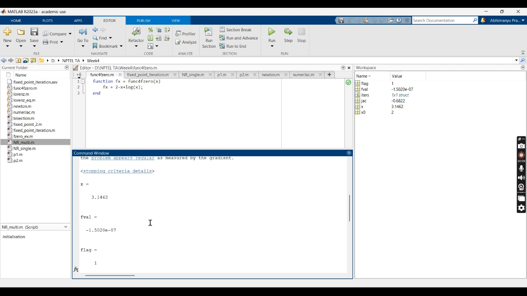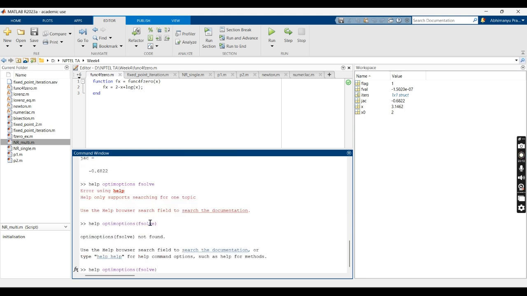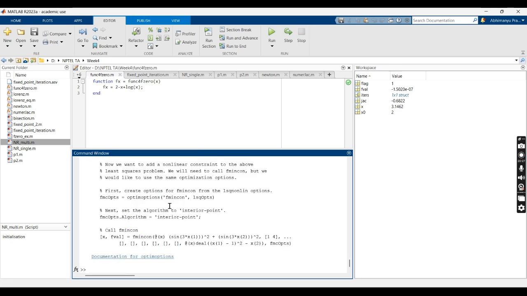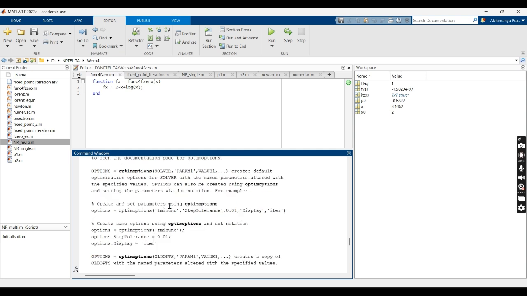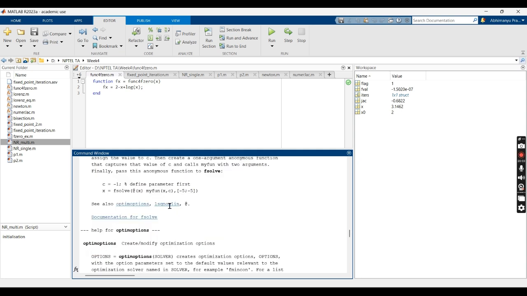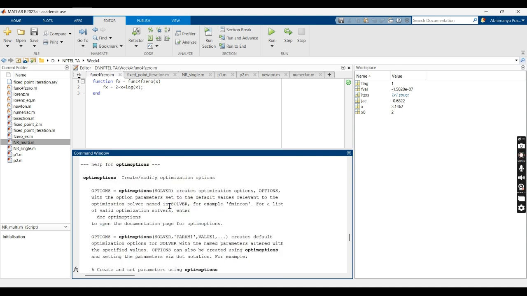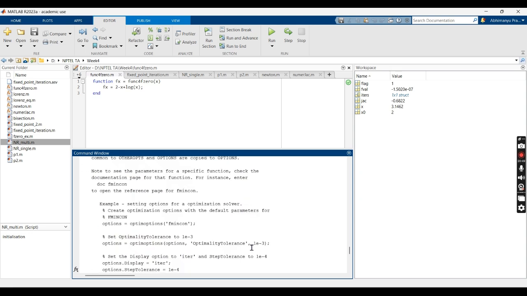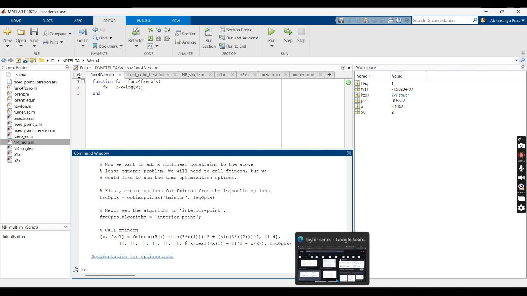There is some option to get this. Okay, we can see the default.